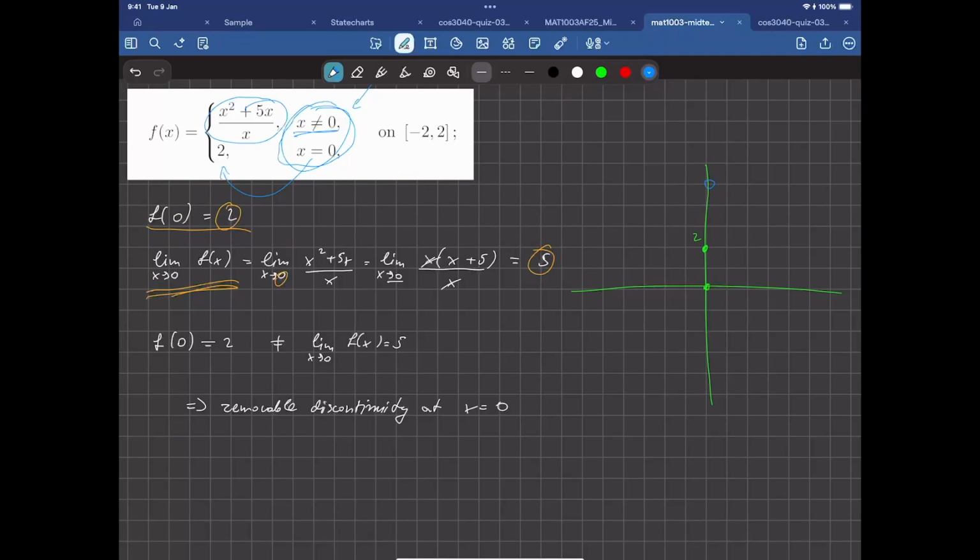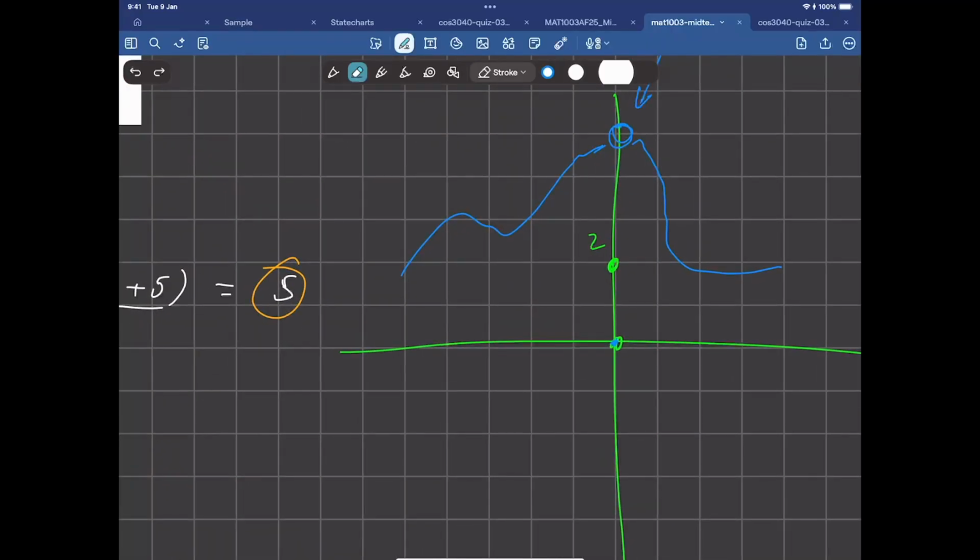I don't really know how the function behaves, so the shape that I'm going to draw now is most likely incorrect. It could be anything, but the trick is from both sides, it approaches 5 as it gets closer and closer to x equals 0. But precisely at x equals 0, it's actually not 5, but it's 2.